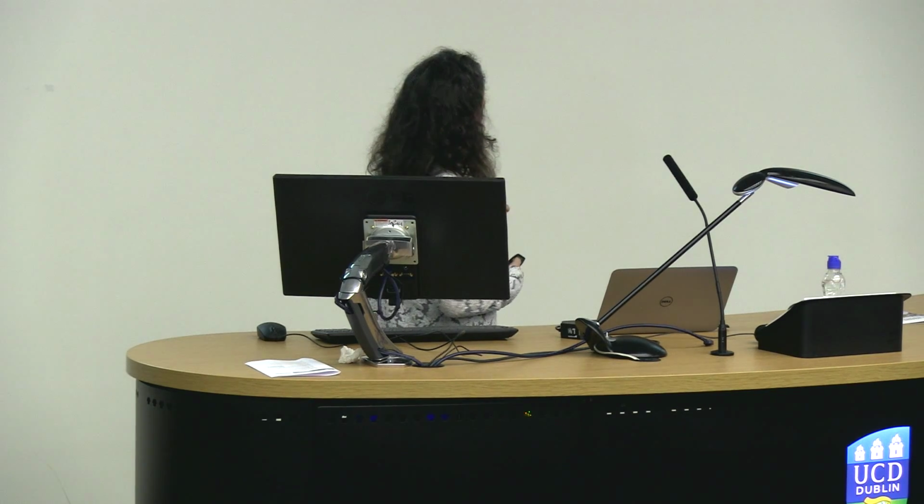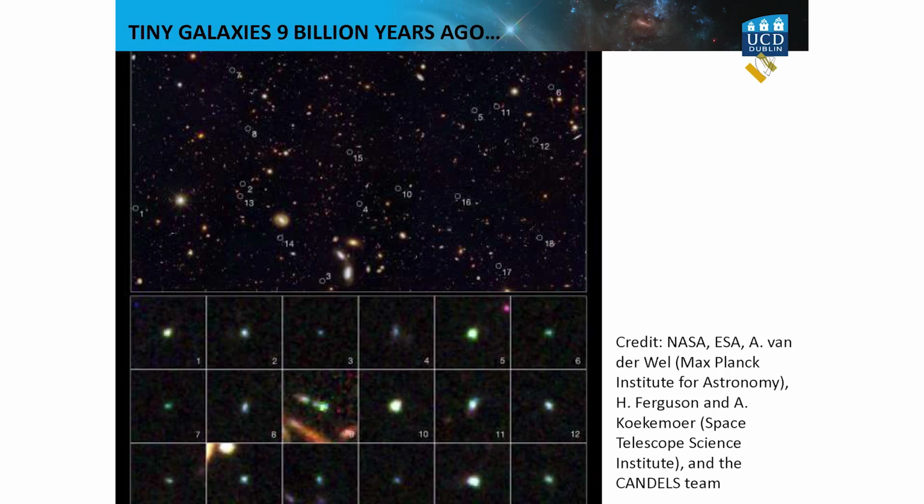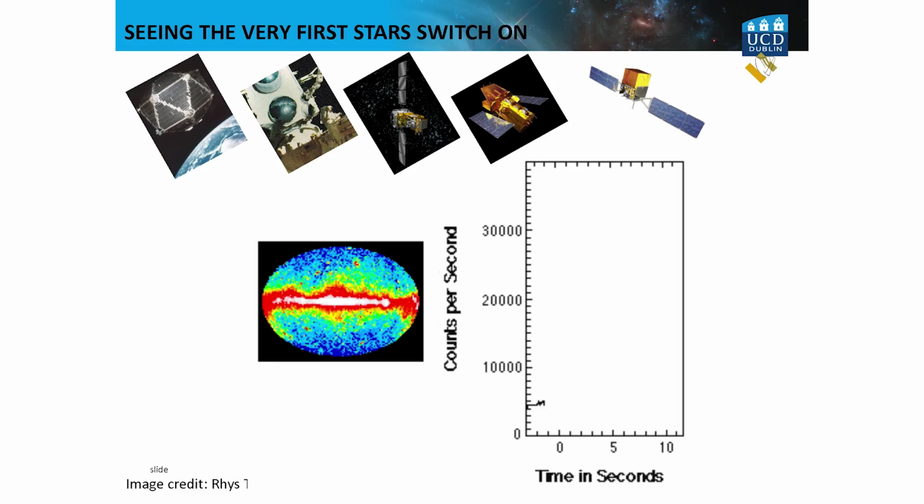So if that's what a galaxy in the early universe looks like, what hope do we have of seeing a single star and identifying the very first population of stars in the universe? So luckily we have a lighthouse in the early universe called a gamma ray burst. And a gamma ray burst is a massive explosion of gamma rays.